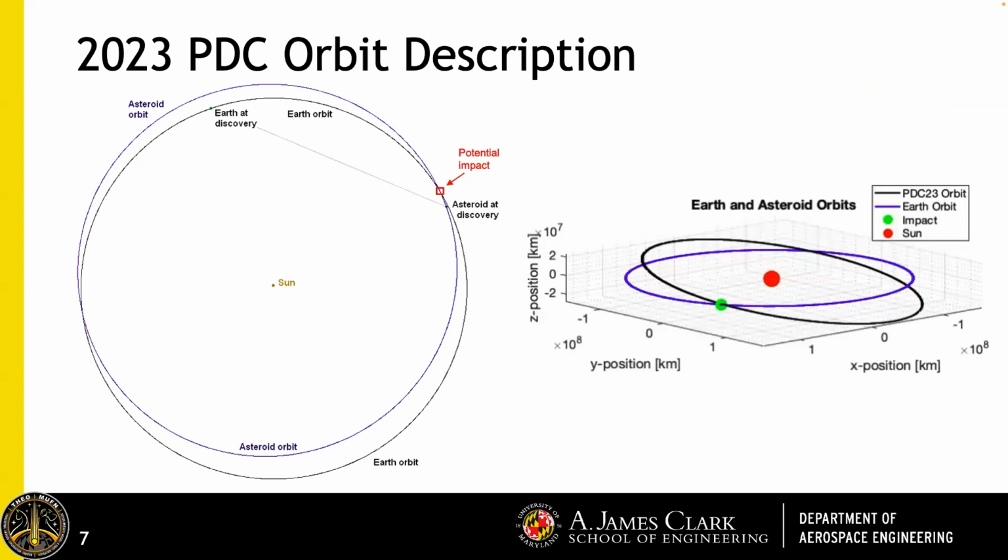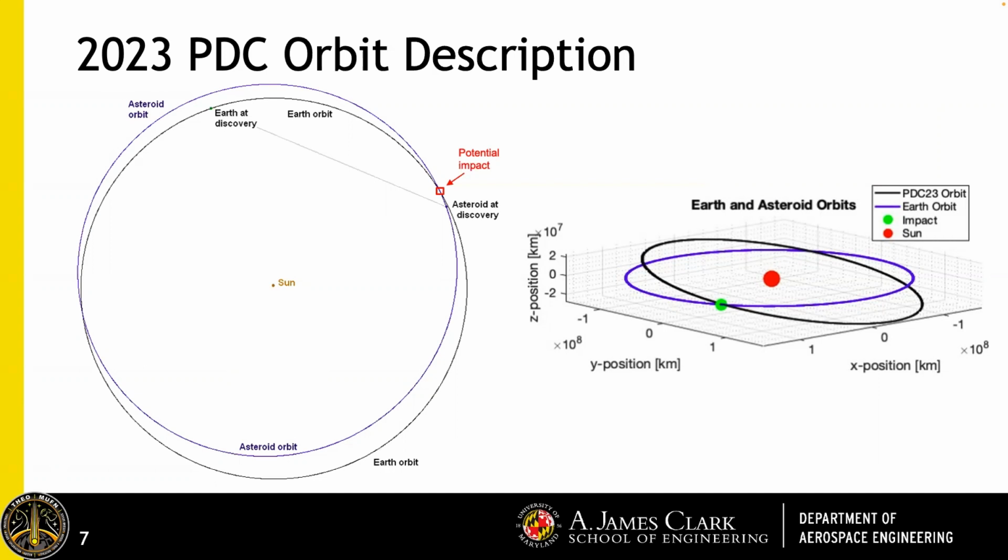So here we can see a description of the orbit. The picture on the left is a top-down view of Earth's orbit and the 2023 PDC, the asteroid orbit. On the right, you can see a 3D version of the same orbits.